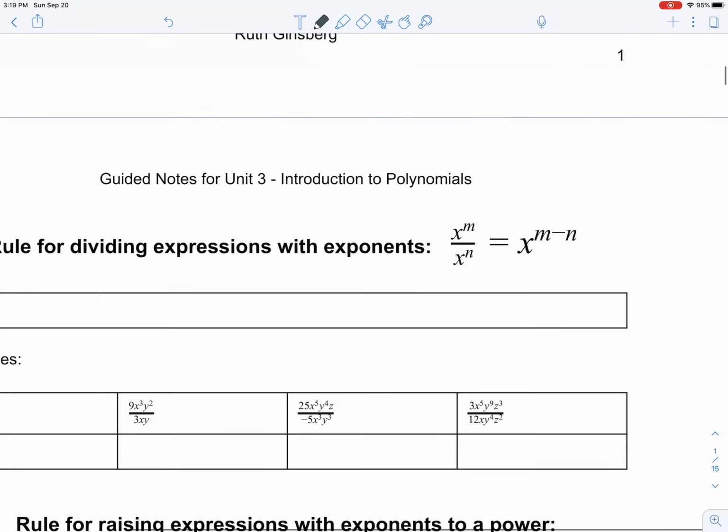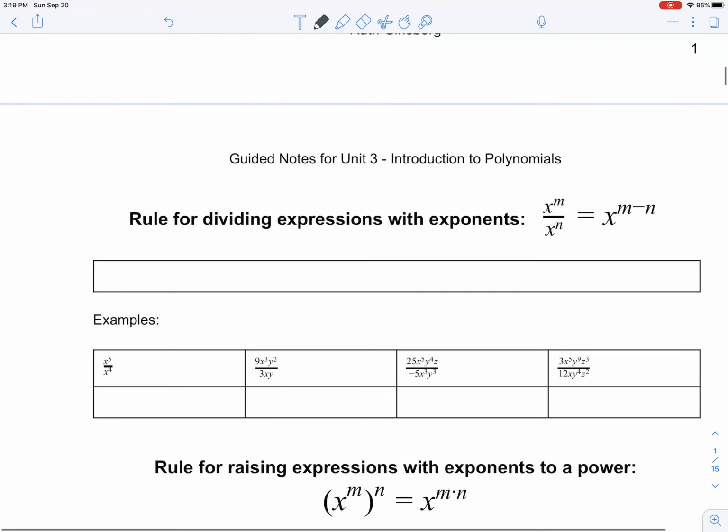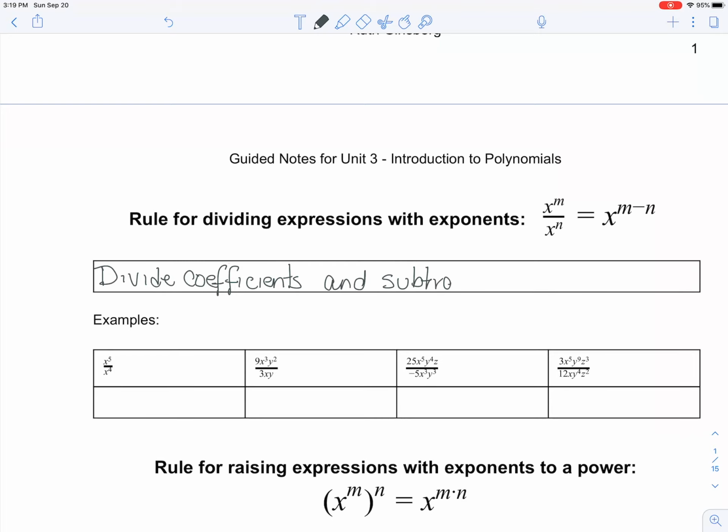Okay, so when we're dividing expressions with exponents, what we want to do is divide coefficients and subtract exponents if bases are the same.